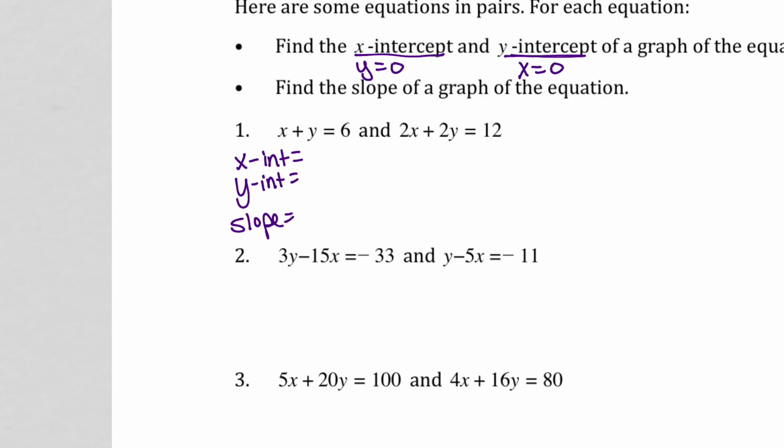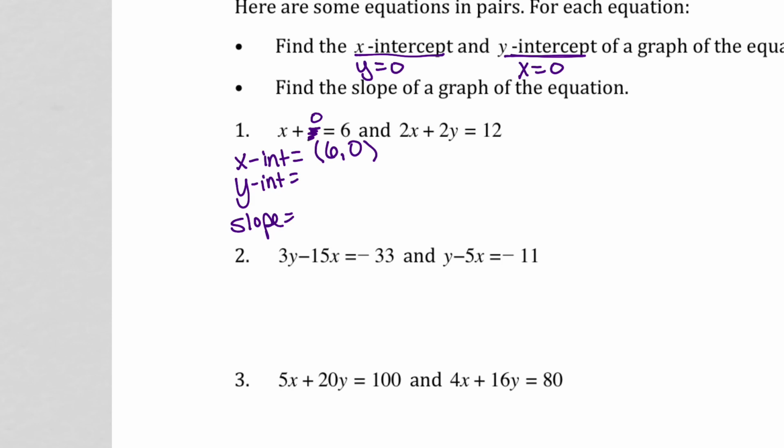So if I plug in a 0 for my y right here, what does x equal? 6. So whenever you are finding an x or y intercept, I want you to remember to put them as a coordinate pair. So it's always going to be (6, 0), like that.